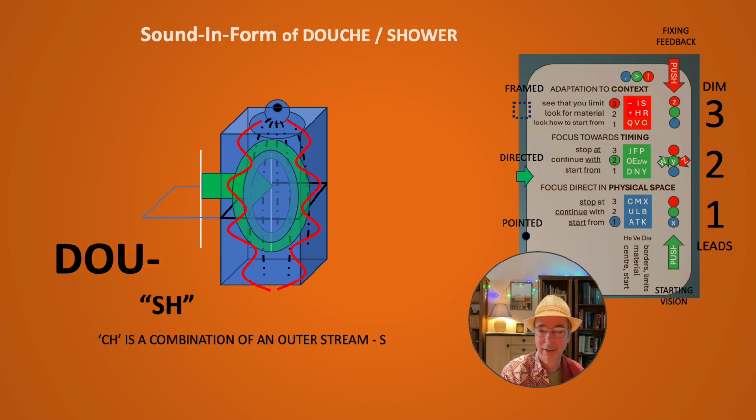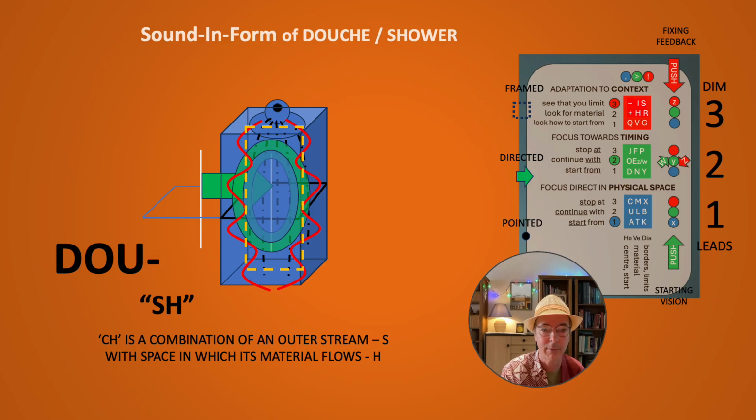The next letters will be the sh. Sh is written as C and H, but it's actually pronounced as S plus H. The S, as an intentional word, is that outer stream. It's that stream outside, which you can also feel inside, by the way, but it starts from this focus outside. The H is that frame in which all the material will have its movements, where all the material will flow.